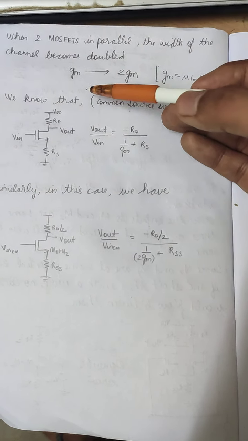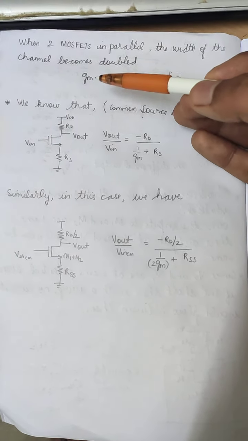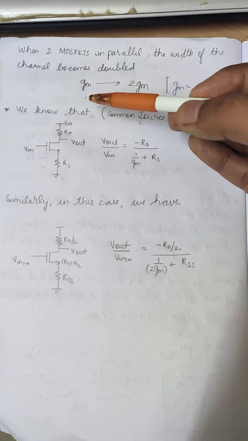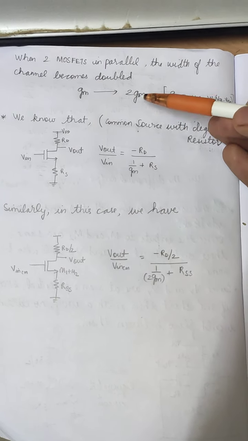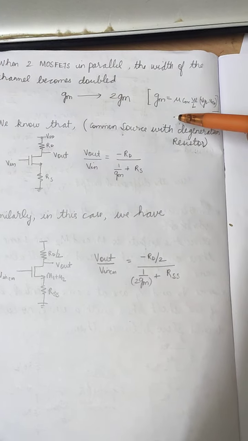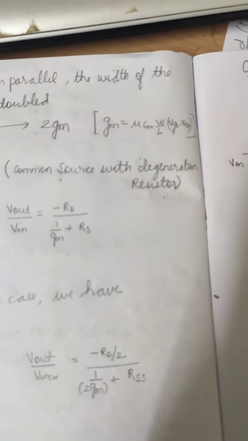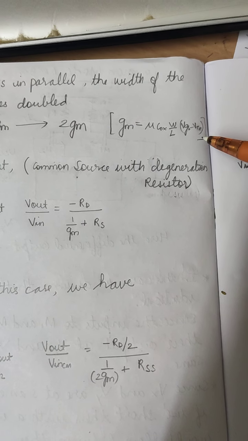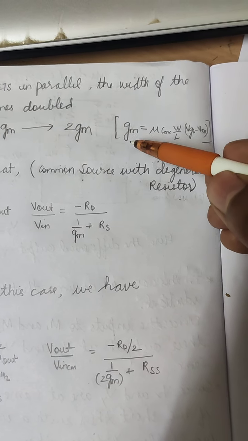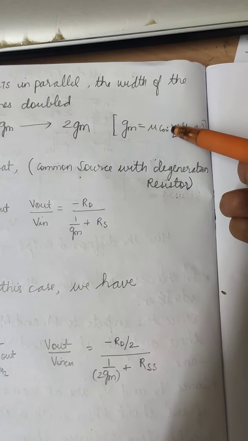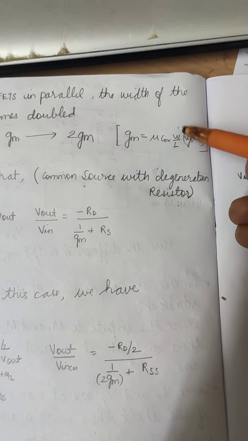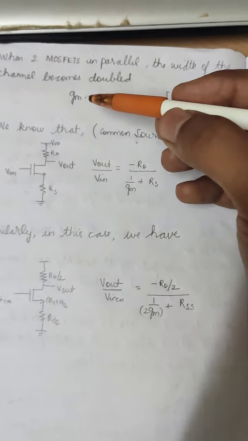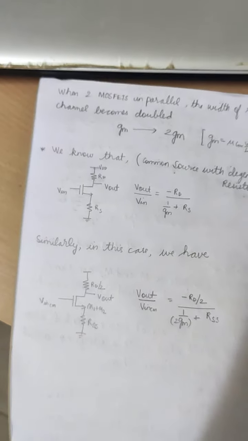That means the equivalent transconductance of the transistor will become double. That is because gm is equal to mu Cox W by L into (Vgs minus Vth), so gm is directly proportional to the width. If the width becomes double, gm will also become double. That's why gm has become double in this case.